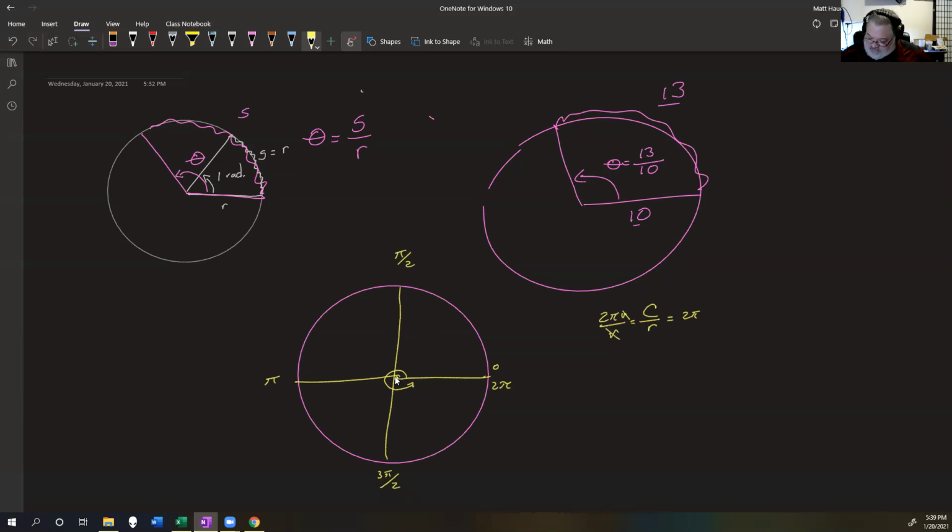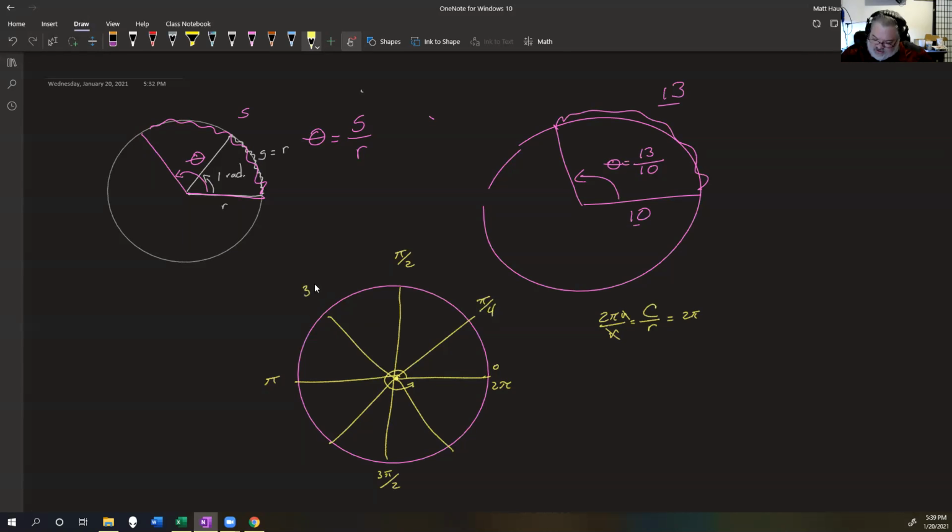And I believe last time we built this circle and the standard angles in that circle, right? I think so. Yeah.